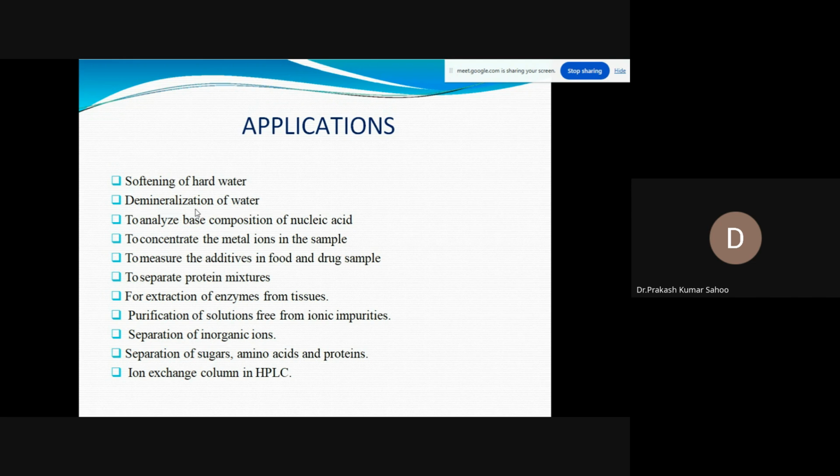It is used to analyze the base composition of nucleic acids, to concentrate metal ions in a sample, to measure additives in food and drug samples, to separate protein mixtures, for extraction of enzymes from tissues, purification of solutions free from ionic impurities, separation of inorganic ions, separation of sugars, amino acids and proteins. The last one is the ion exchange column in experiments. So this is all about ion exchange chromatography.